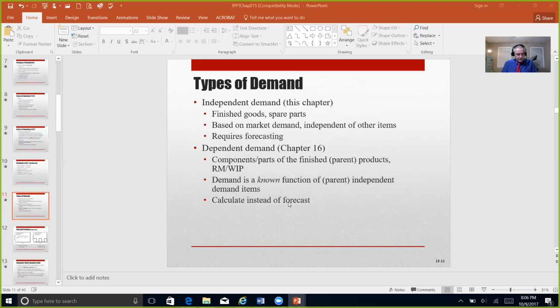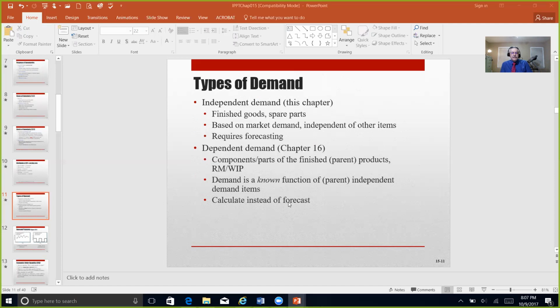So there are different types of demand over on pages 376 and 377. One of the crucial distinctions when you think about inventory management is independent or dependent demand. As our textbook goes on to say, independent demand is influenced by market conditions, which are outside the control of the firm. Therefore, the demand for inventory items, finished goods, or spare parts is usually independent, and this is where great forecasting models absolutely come into play.